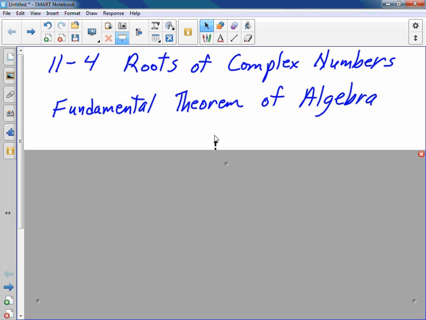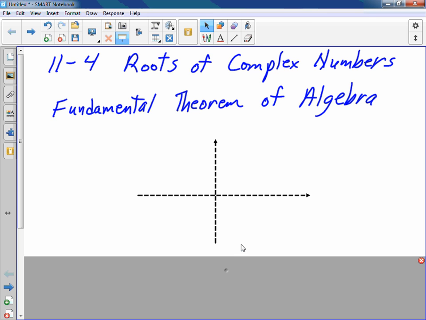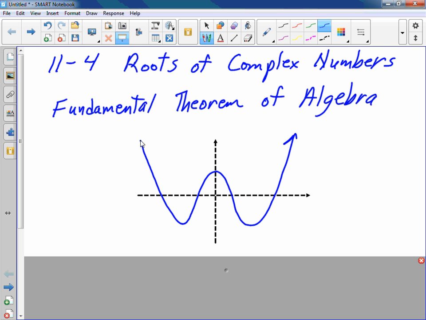As you recall, it said that if you have some kind of function, say ax to the fourth plus bx to the third plus dot dot dot, a fourth degree polynomial, it can have at most four real number roots.